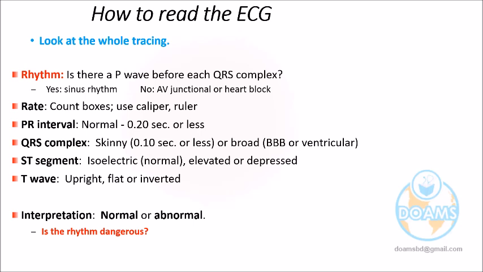You know that ventricular tachycardia is very dangerous. Ventricular fibrillation is very dangerous. So without going to other issues, we have to see the rhythm and check whether it is dangerous for life or not. Forget other things. Manage the rhythm, and if needed, send the patient to the CCU or somewhere. This will be the idea. If we don't understand, our patient may die in front of us in our chamber.